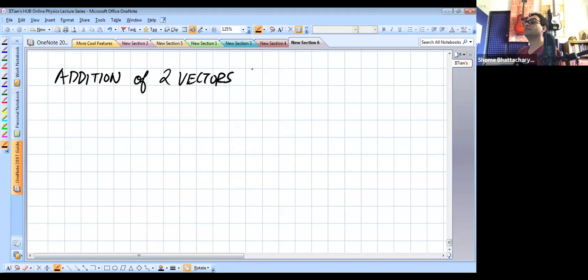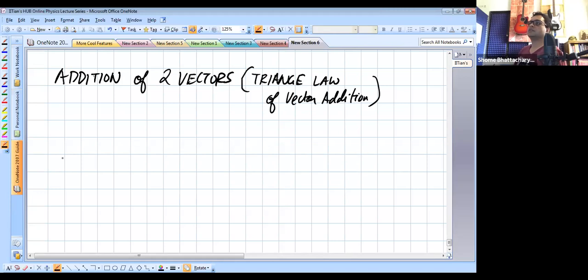The method that we use here is called the triangle law of vector addition. This is one of the staple principles of vector algebra, a very important milestone in your understanding of vectors.